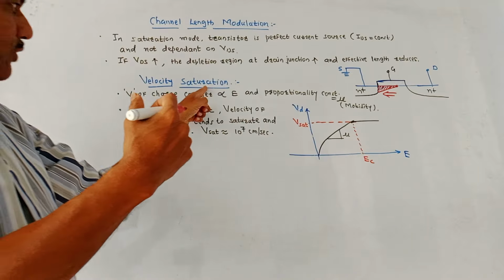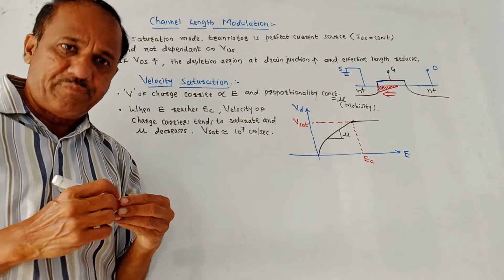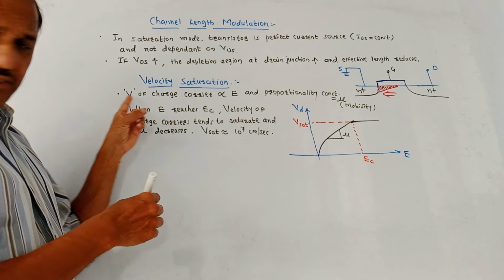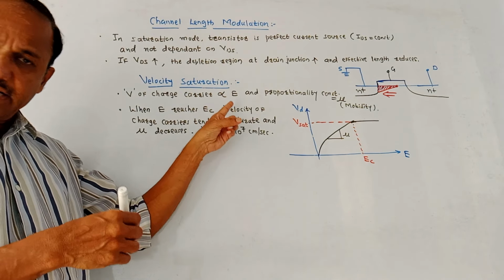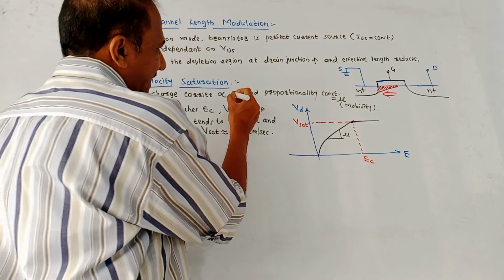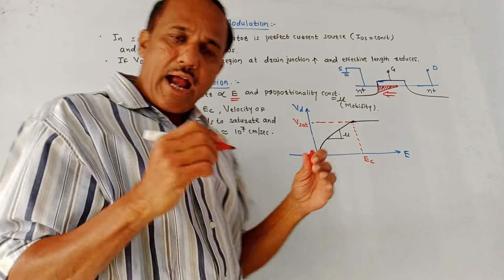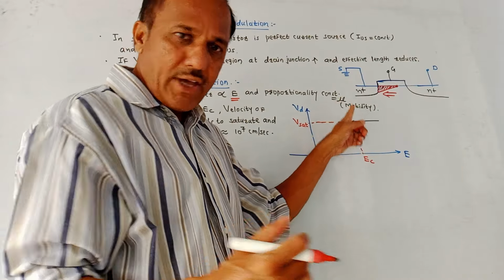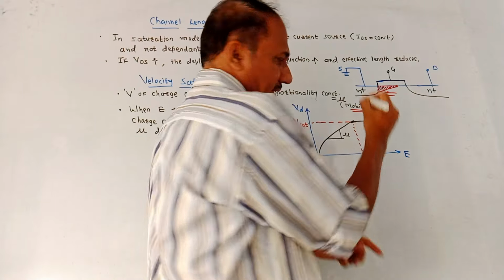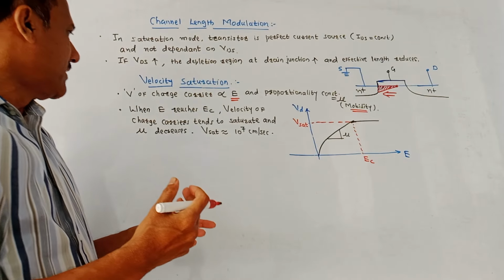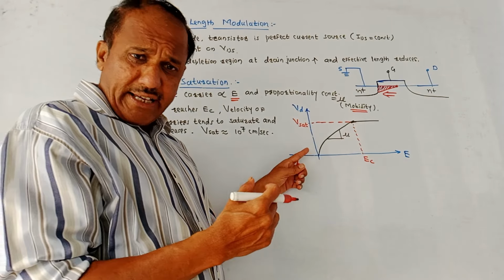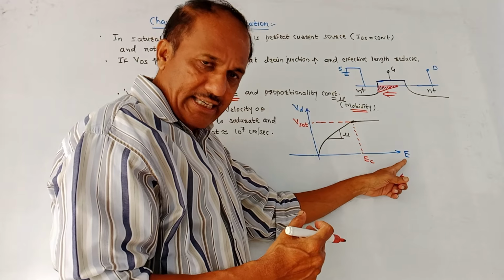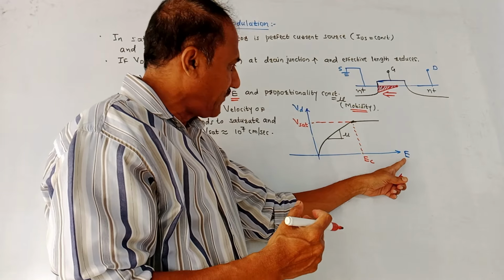Next is the concept of velocity saturation. In the case of a charged particle, the velocity V of a charged particle is linearly proportional to E, the applied electric field, and the proportionality constant is denoted by mu, where mu stands for the mobility of a charged carrier. As shown in this diagram, this is the graph of VD, the velocity of a charged carrier, versus E, the applied electric field.